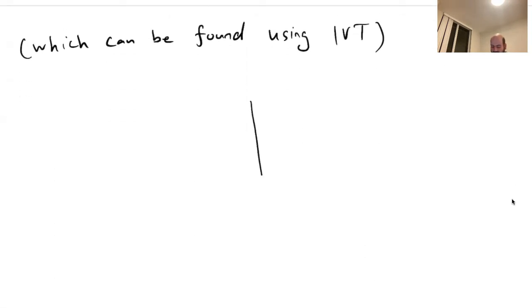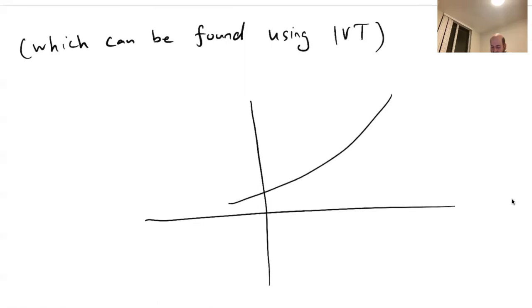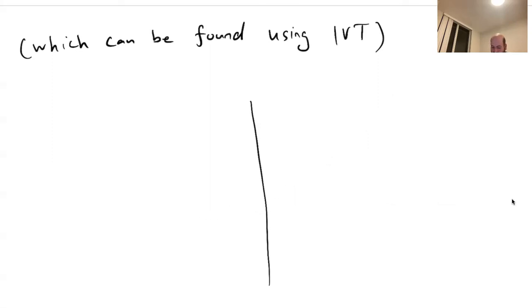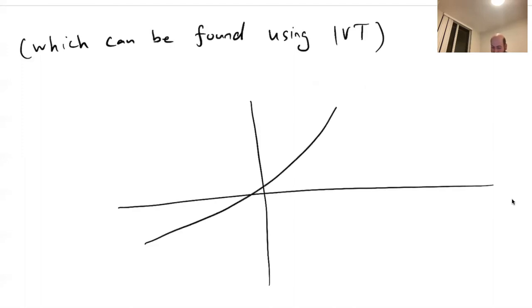Let's look at the graph of a function, and let's say I start with an initial estimation for my root. Let's see what happens. Let's say this is a differentiable function, and I start with some initial estimation x1.